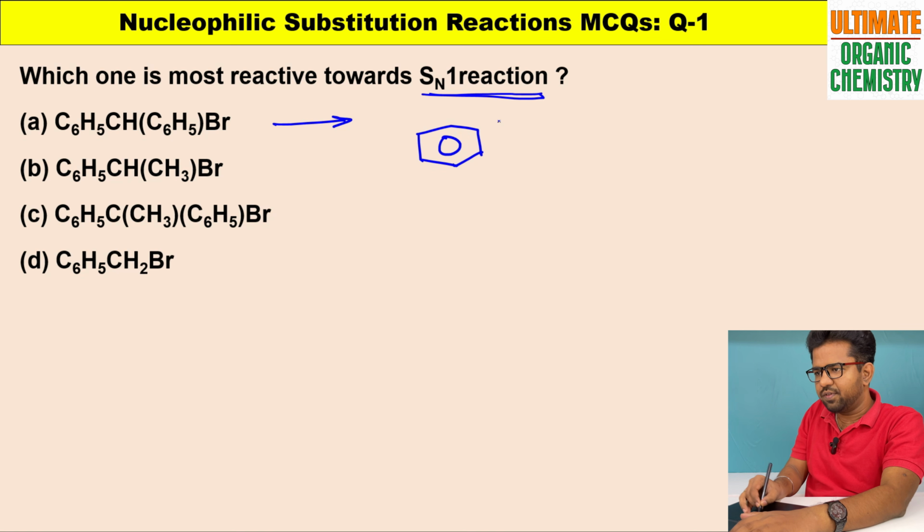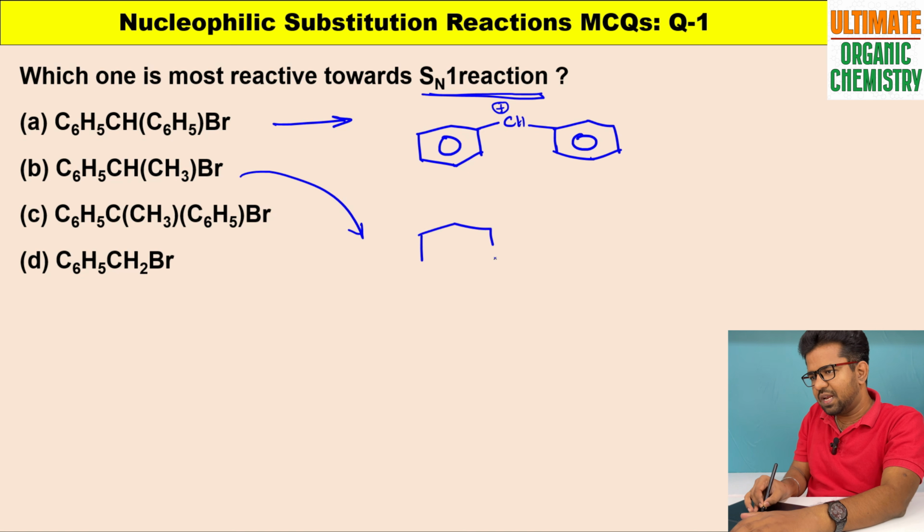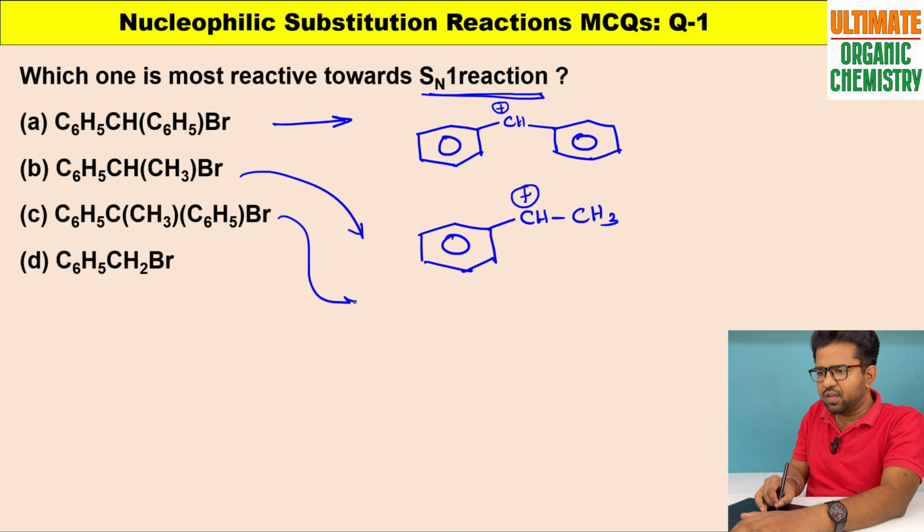The first one will give diphenyl methyl cation. The second option will give phenyl ethyl cation. The third one will give diphenyl ethyl cation.